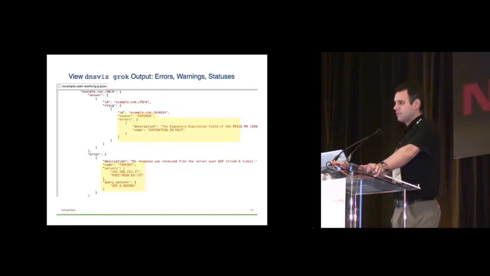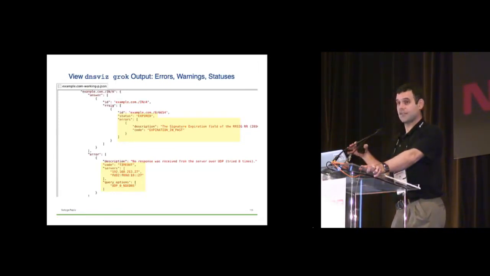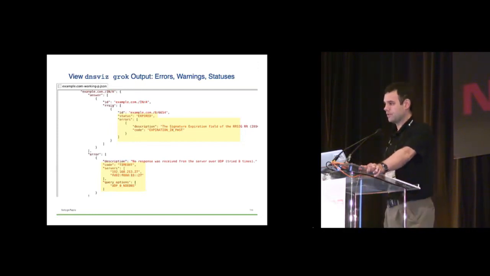So looking at this example.com A record, you get a status, and the signature associated with it has status expired, okay, and it'll tell you a little bit more about that in the description field. And then there's a code, if you're doing this with some type of software that you want to parse, that you can rely on, as well as the description. Okay, you can see that with one of the servers it timed out altogether.